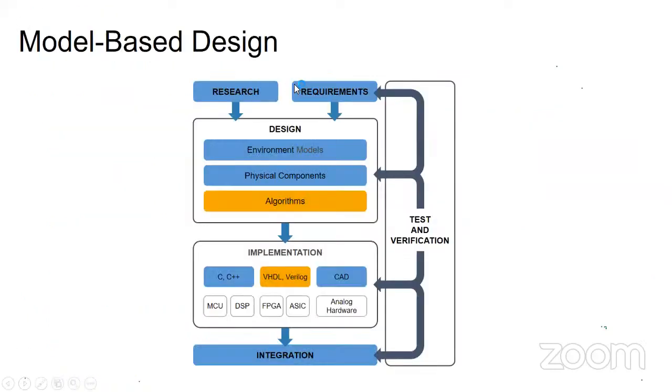Okay, so this is the concise flowchart, or you can say workflow, that if you have any kind of research problem or requirement, you can use the Simulink platform for design purposes.